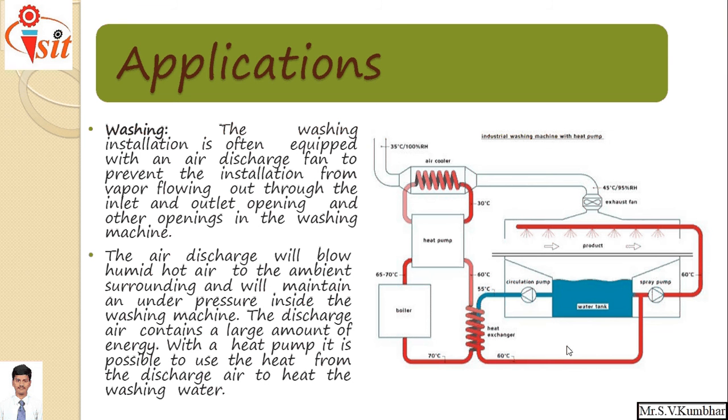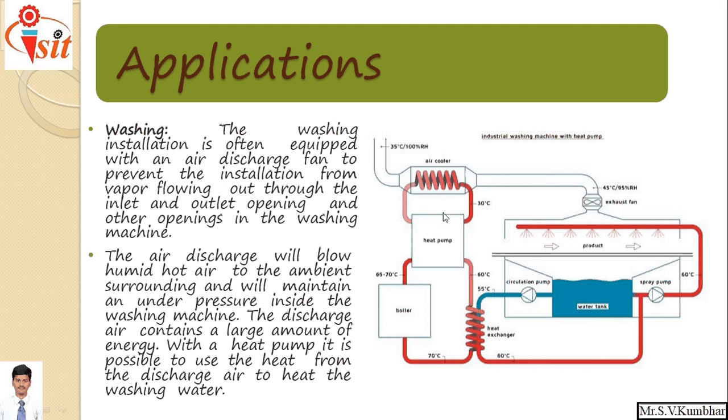Washing is one more application of heat pump. The washing installation is often equipped with an air discharge fan to prevent vapor from flowing out through the inlet and outlet openings and other openings in the washing machine. One typical example of a washing machine is shown here.